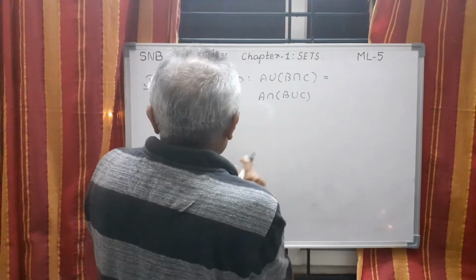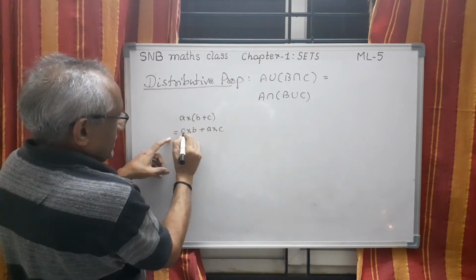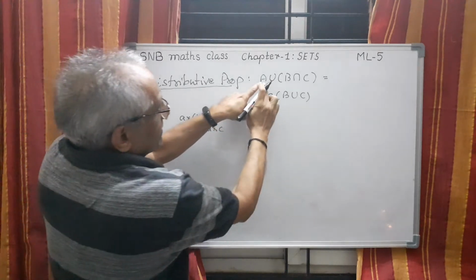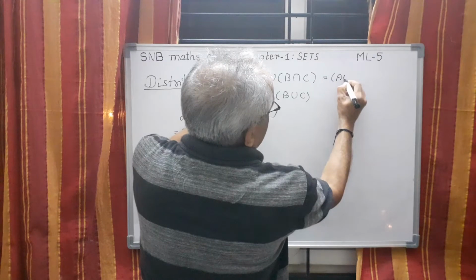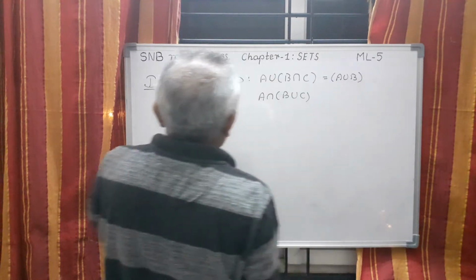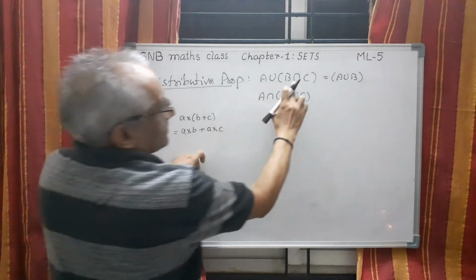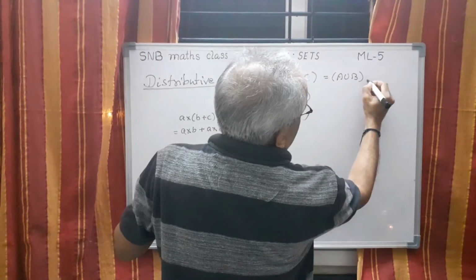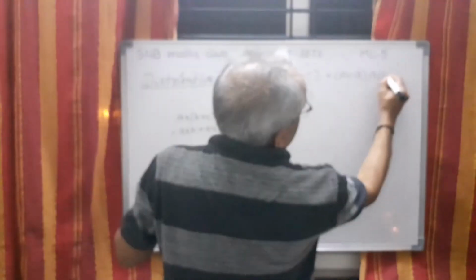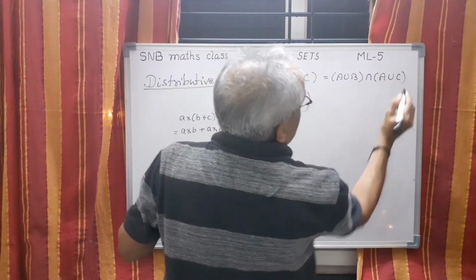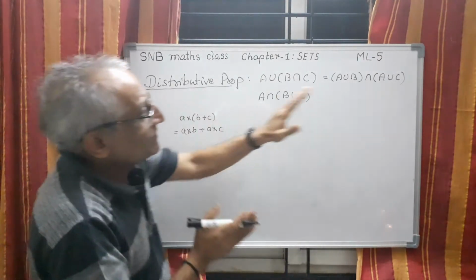So here, A into B becomes A union B. That is the first thing, therefore you write A union B. Then whatever operation is there in place of plus, that we write. So this is intersection, therefore I have intersection, then the same thing, A union C. Whenever you have confusion, first remember this, then write this.